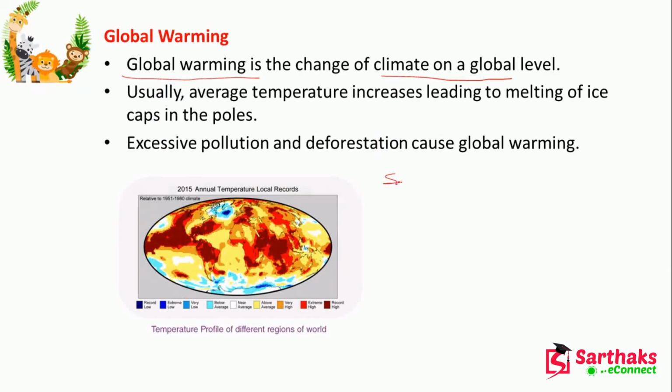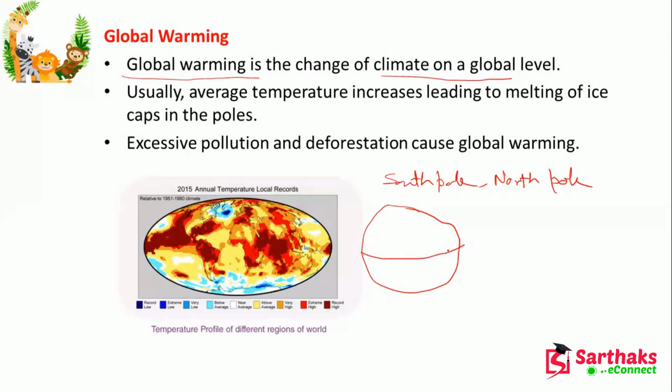So we have the South Pole and North Pole, right? If I draw this, you know that in the equator you have most of the sun rays, and this is a very high temperature region.